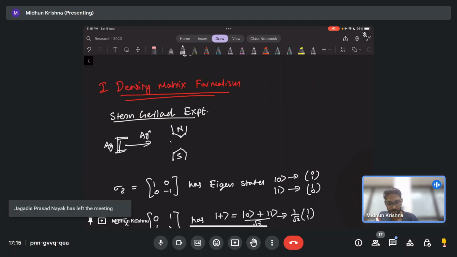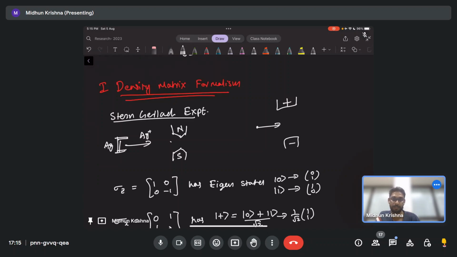So we know if I have an electric field, let's say a positive and a negative plate, and I send some charged particle, a negative particle would move this way and a positive particle would move this way.